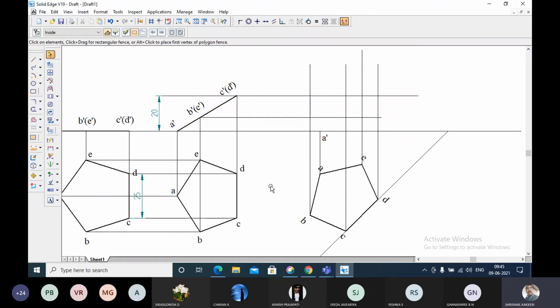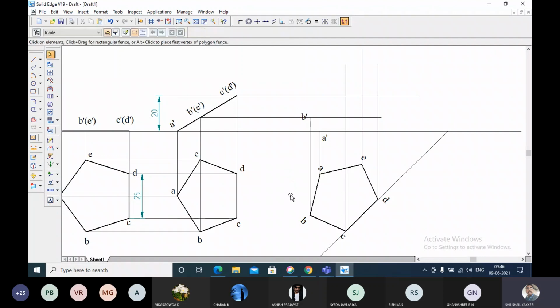Now B and B. This is line B and this is B. You can see that the intersection happens at this point only. Now let me terminate this at this point. Because E is also there, it will be extended. This will be point B. Let me take it as B dash.